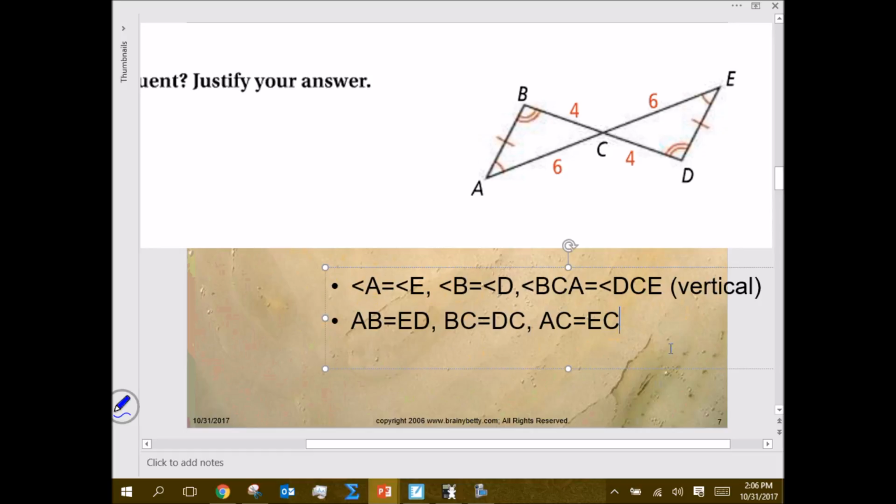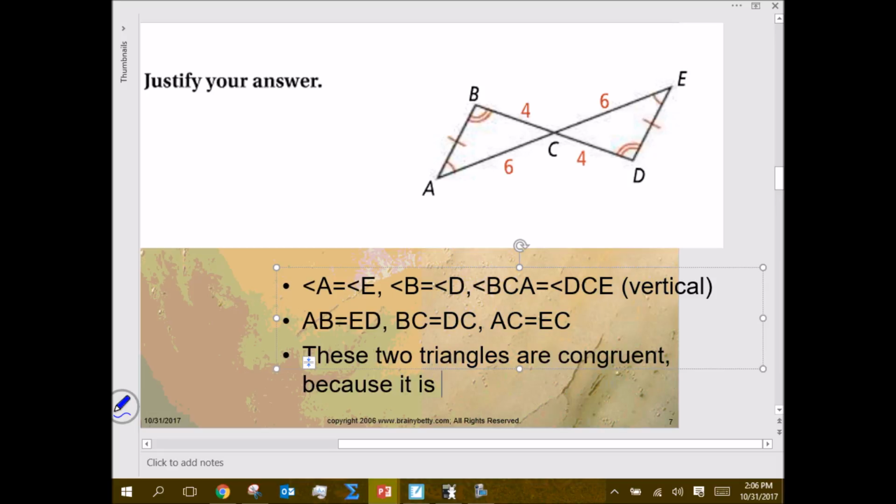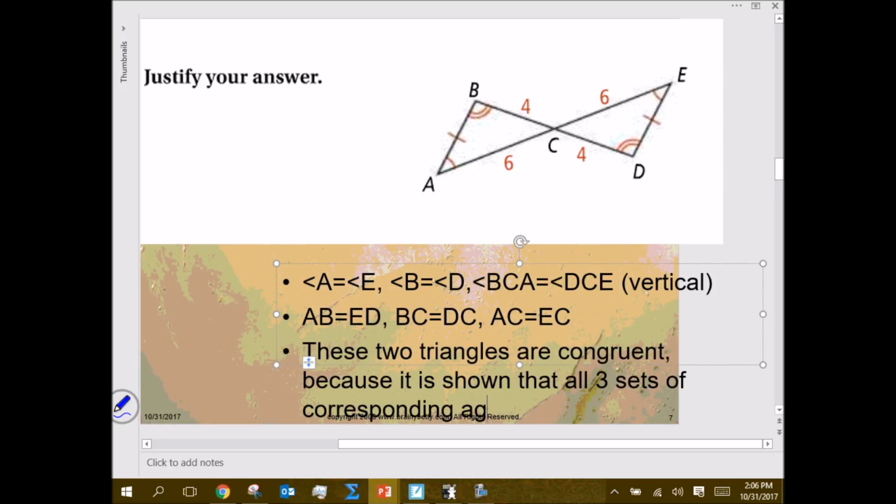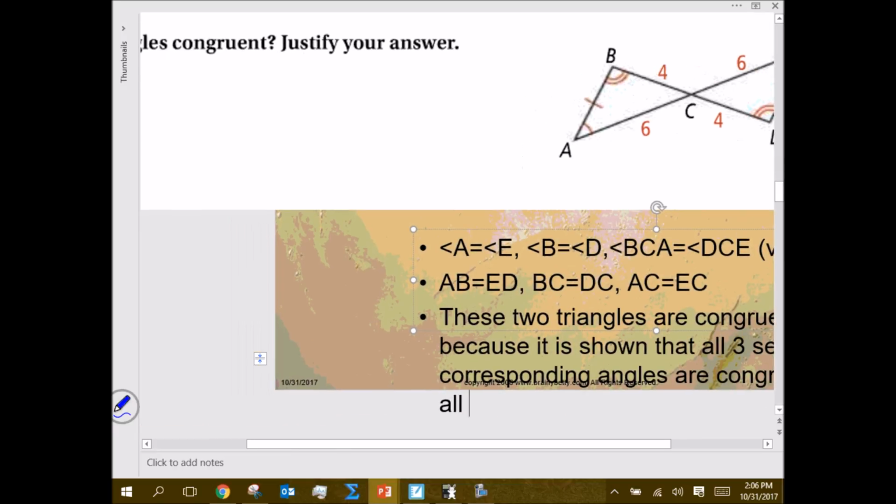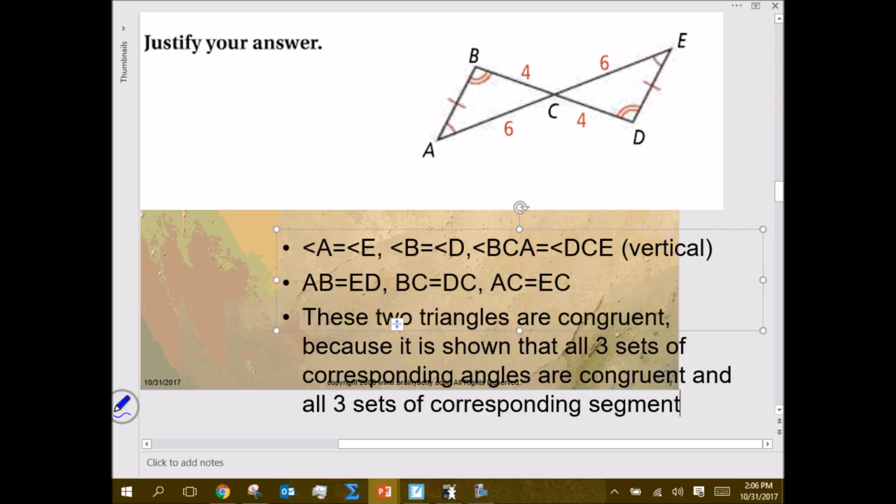Okay, so justify my answer. These two triangles are congruent because it is shown in the diagram that all three sets of corresponding angles are congruent, and all three sets of corresponding segments are congruent.